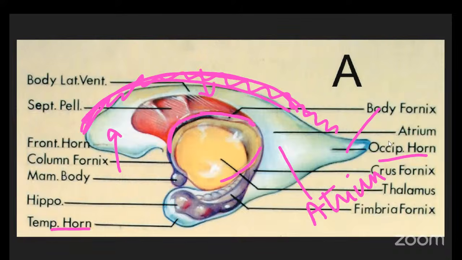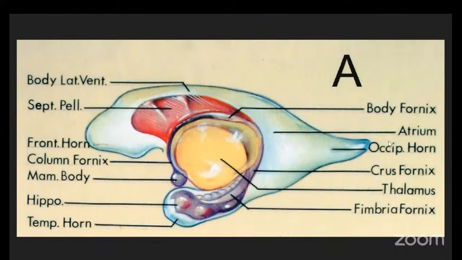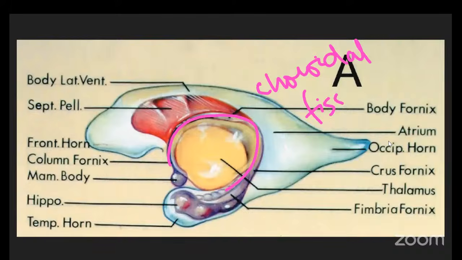There are a few other things where the fornix and the thalamus meet. There is another structure which is called the choroidal fissure. So what exactly is this? This is a double-layered pia which can have some portions of ependyma.